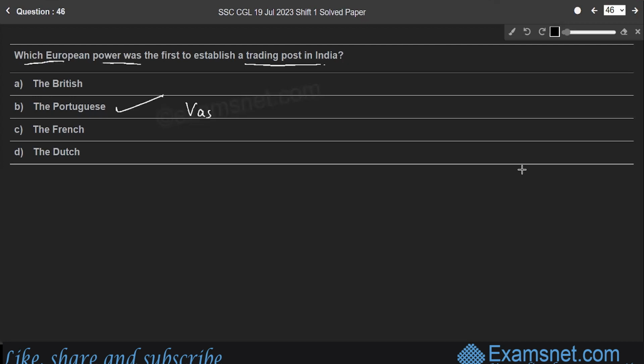Vasco da Gama was the first European to reach India by sea, landing in Calicut, not Calcutta, in 1498. Calicut is in present-day Kerala.